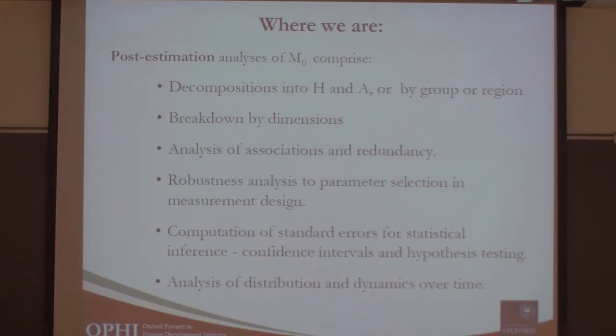And also the standard errors, especially when we want to compare across different groups in the population. So to basically see if rural areas are more affected than urban areas, or if country A is more affected than country B. And then testing hypotheses related to the trend or related to the incidence or intensity of multidimensional poverty.